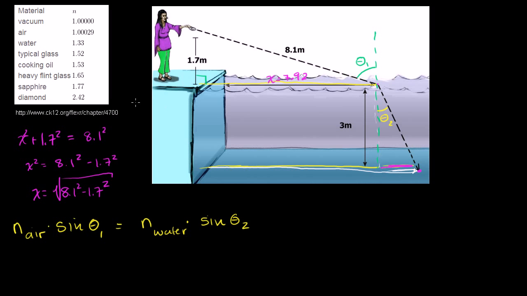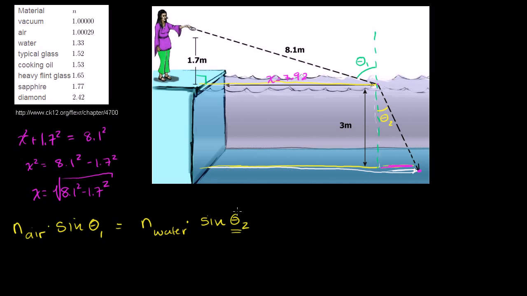I actually got this problem, or at least the image for the problem, from ck12.org's Flexbook as well. And if we know theta 2, we can then solve for this, and we'll do that with a little bit of trigonometry. Actually, if we know the sine of theta 2, we'll be able to solve for this. We'll think about either way.